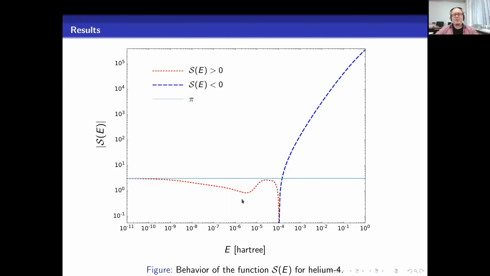There is a theorem called Levinson's theorem, which states that for 0 energy, the shift should approach n pi, where n is the number of bound states for the certain potential. We observed so for helium-4, and also in calculations for helium-3, we see that this goes to 0. Helium-3 does not have any bound states. Helium-4 has 1, so it looks reassuring.